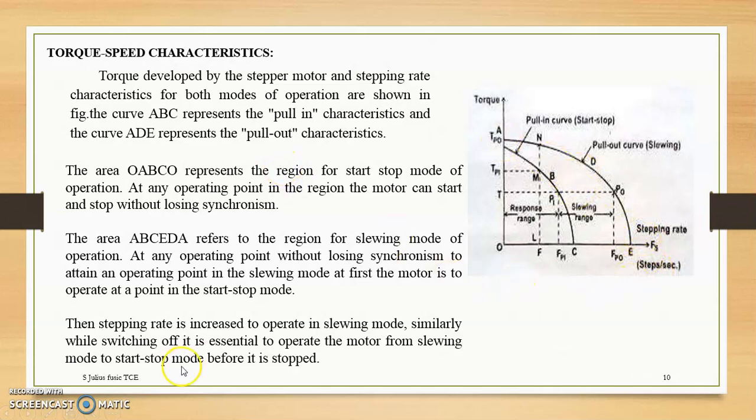So considering your stepper motor at loaded condition, your machine initially has the A, B, C, O conduction region, and once it reaches synchronization and goes to the slewing mode operation, your torque and speed characteristics will be of the range A, B, C, E, D, A region.